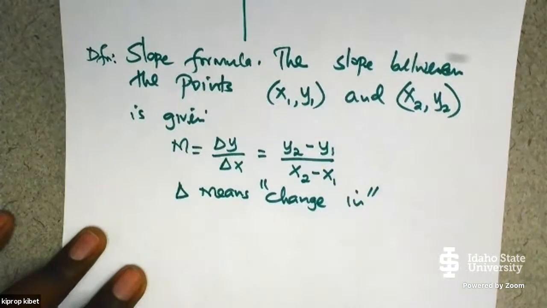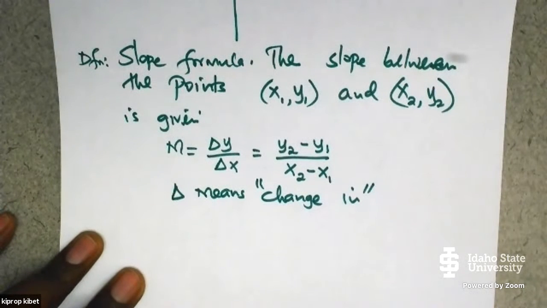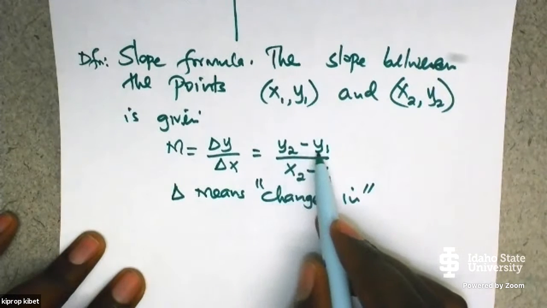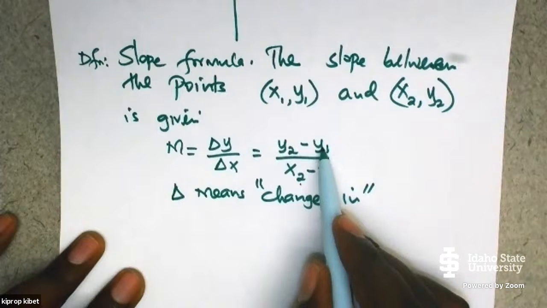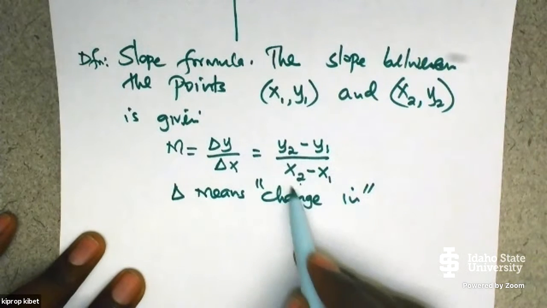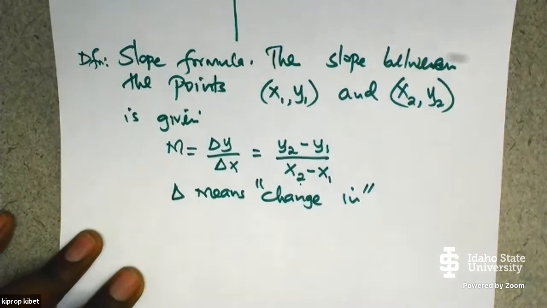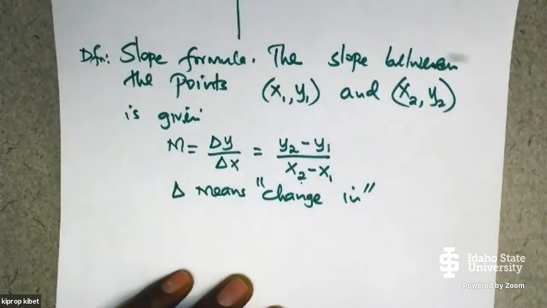Because at some point, one of the coordinates can be negative, and if you have interchanged them, it will give you a different result. So do not change this. Does it matter which one you start with? No, it doesn't matter, as long as you're consistent. If you're consistent, then you will be good.